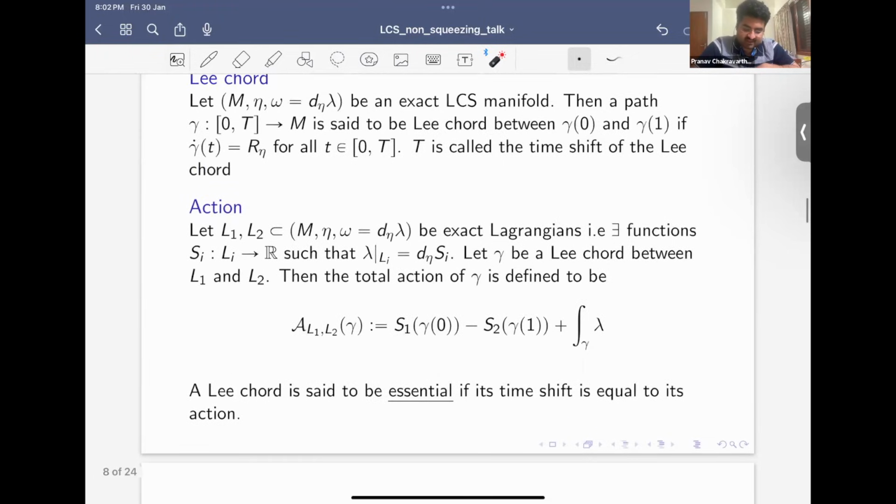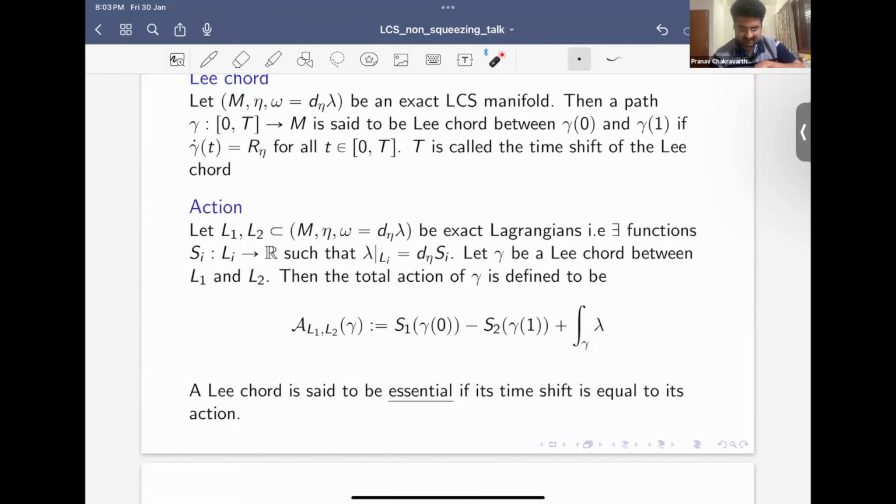Similarly, when you have exact Lagrangians inside your conformal symplectic manifold, one can define an action, because when you restrict your Liouville form to these Lagrangians, because they're exact Lagrangians by definition, it needs to be the twisted differential of a function from the Lagrangian to R. Given a Lie chord between the two Lagrangians, you can define the total action of the Lie chord to be the difference in the actions of the Lagrangians at the ends of the Lie chord, plus another term coming from integrating your Liouville form along the path.